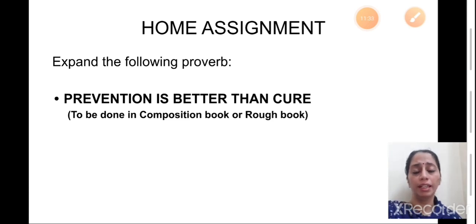Okay, secondly, if you're stepping out, use a mask. Okay, sanitize your hands, wash your hands regularly. Very important. So what are we doing, students? We are preventing ourselves. Correct? We can see many hoardings around telling us use a helmet while riding, use your seat belts while driving.